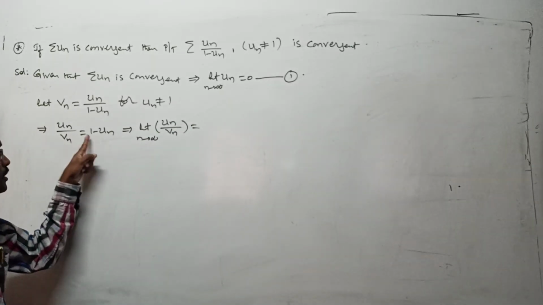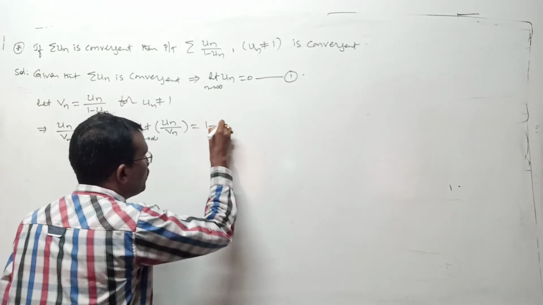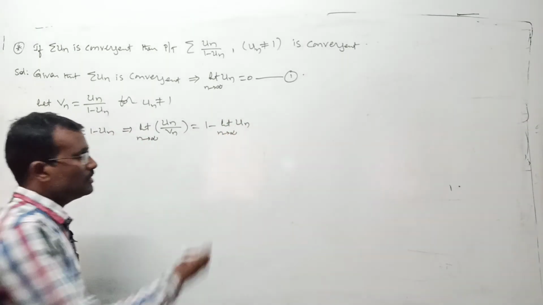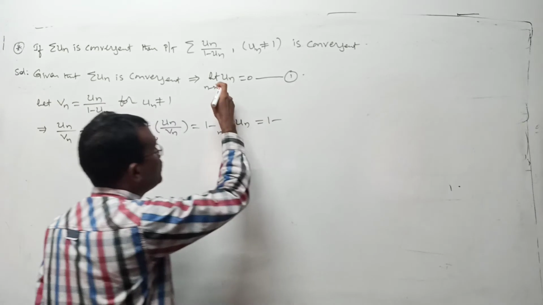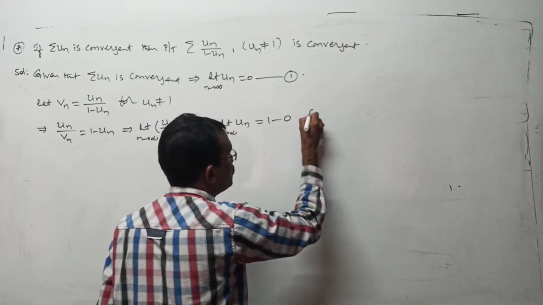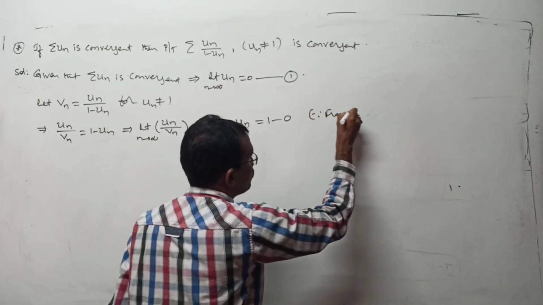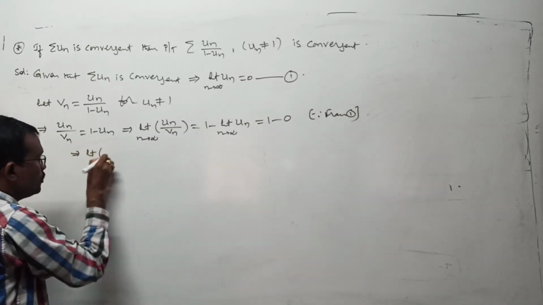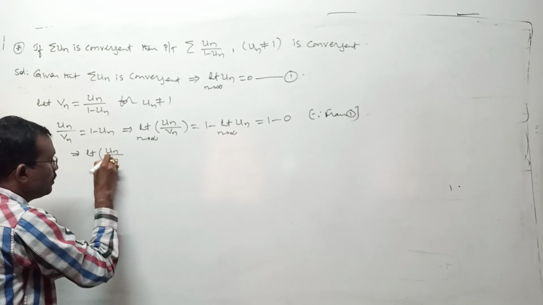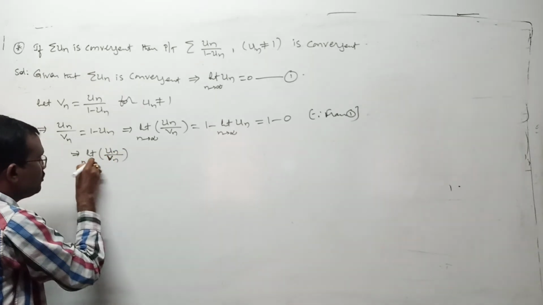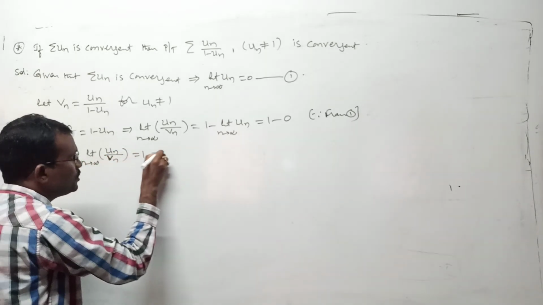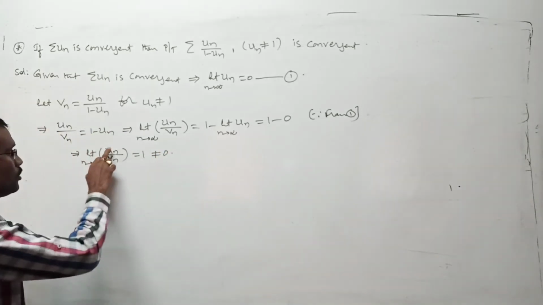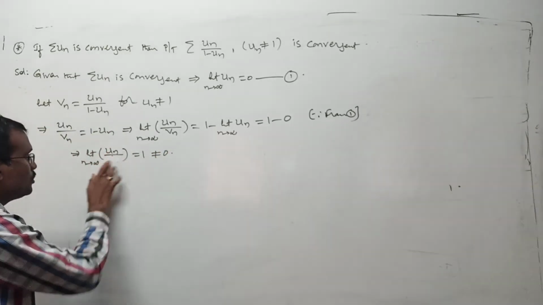Limit of 1 is 1, minus limit u_n as n tends to infinity, which is 0 from 1. Here we got limit u_n by v_n as n tends to infinity is 1, which is not equal to 0.